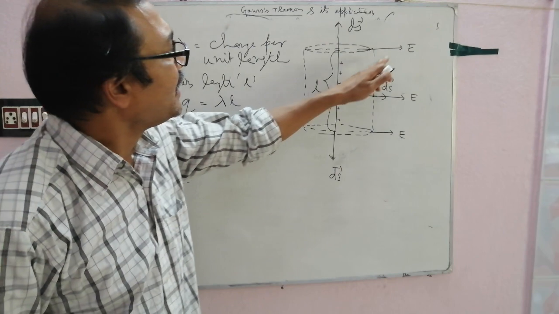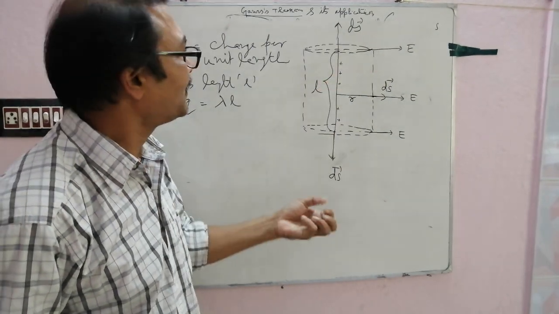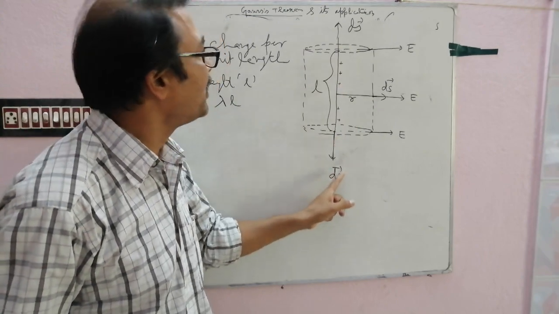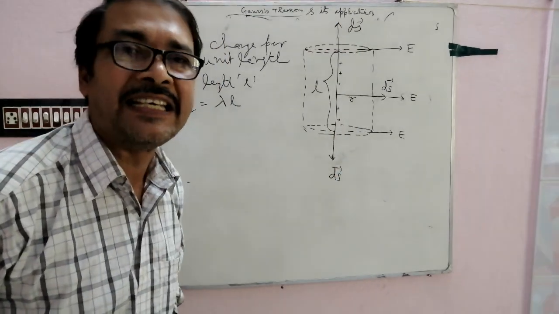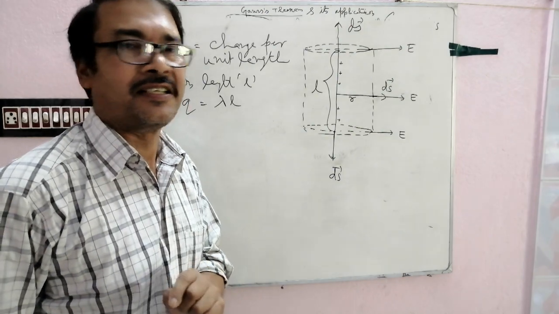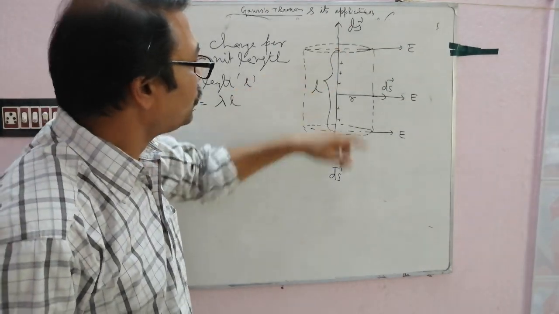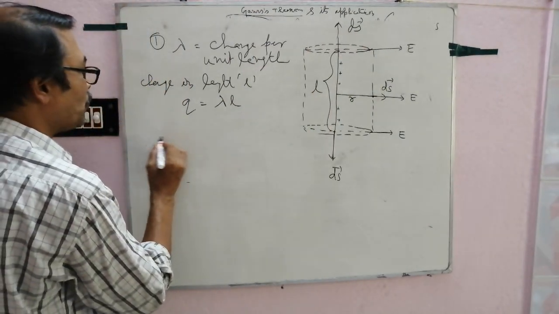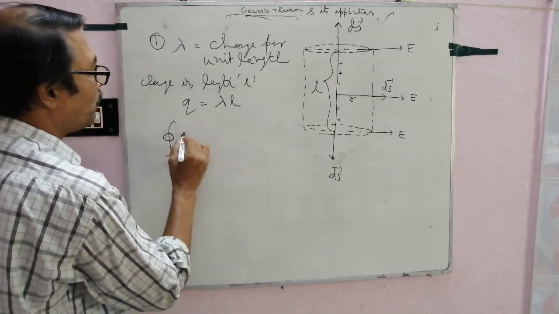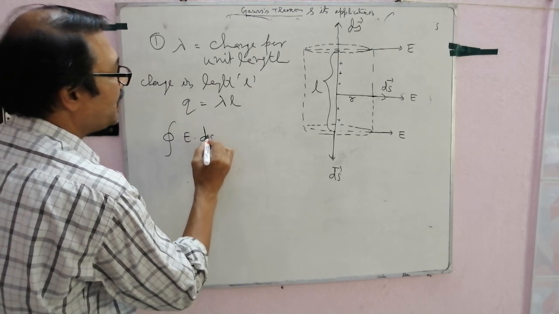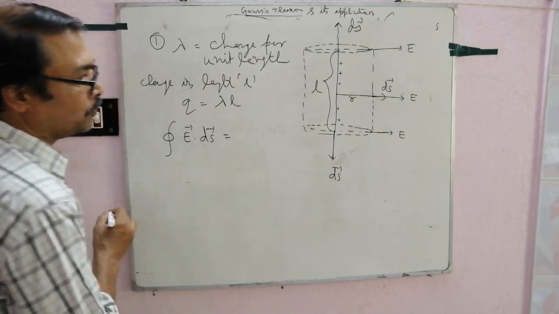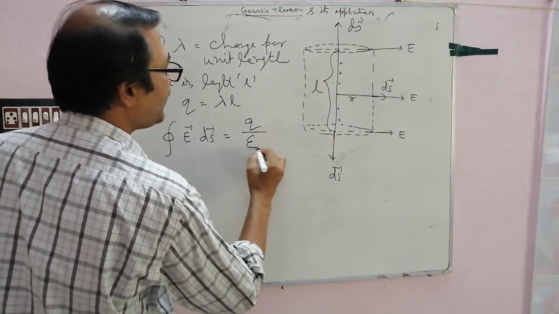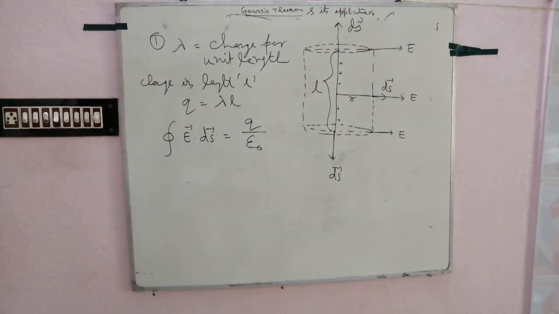Follow. E dot ds is 0. So the flux through the plane surface, E dot ds, equals 0. E dot ds, 90 degree, E ds cos 90 degree. So this flux is 0. So the total flux is linked with the curved surface. According to Gauss's theorem, integration of E dot ds equals total charge Q by, in vacuum, epsilon naught.